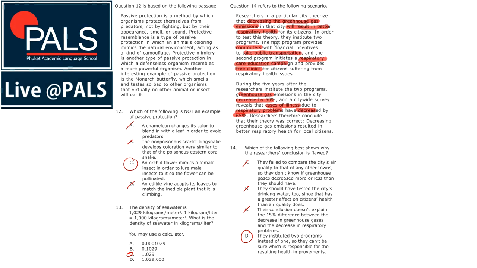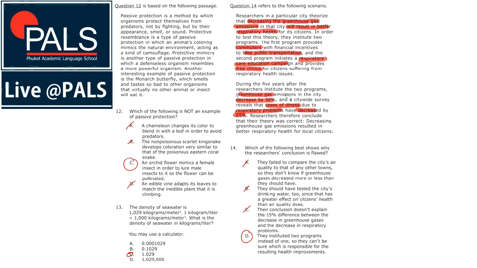But at the same time, they initiated the second program, which was giving free clinics to citizens suffering from respiratory health issues. So that probably eventually increased the health of the people in terms of their respiratory health.